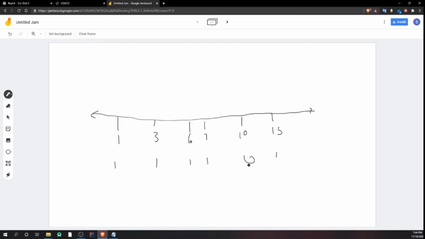In this case, we have a healthy cow at 10, and the cows surrounding it are infected. The distance from 7 to 10 is 3, while the distance from 10 to 15 is 5, meaning that our distance is actually 3. So what I'm going to do first is try finding R, and then we can calculate how many initial cows are infected after that.